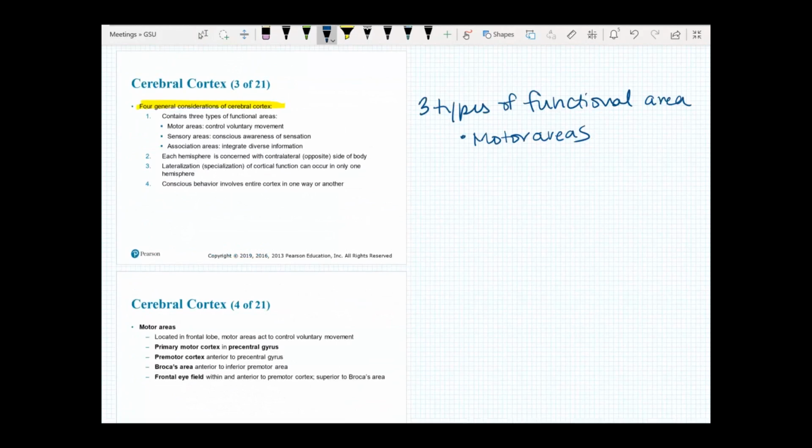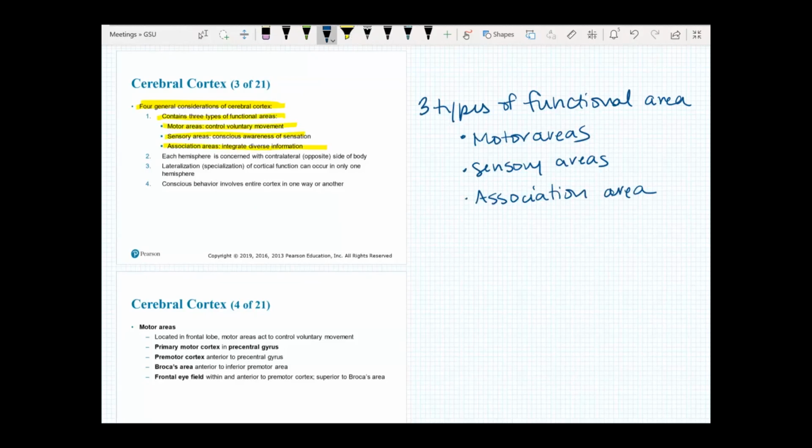There are sensory areas, which allow you to receive sensory information, process it, and figure out what it is. And then there are association areas, which essentially do everything all together and make a bunch of things work seamlessly together. So we're essentially going to talk about motor, sensory, and association. That's how we're going to divide up this first half of the chapter.